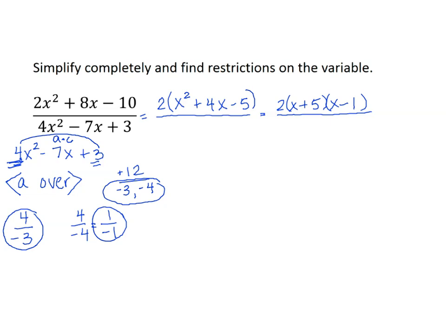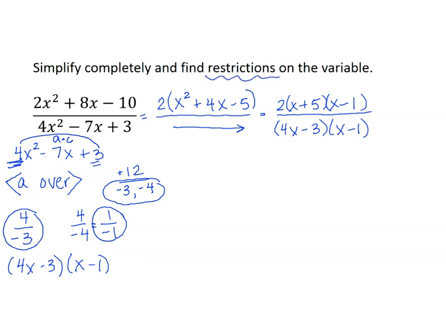So now I'm going to use 4 over negative 3 to write my first binomial, and 1 over negative 1 to write my second binomial. So now I'm going to come back up here, and I'm just going to draw an arrow here, because I'm going to write it over here to the right. So I have 4x minus 3 and x minus 1.